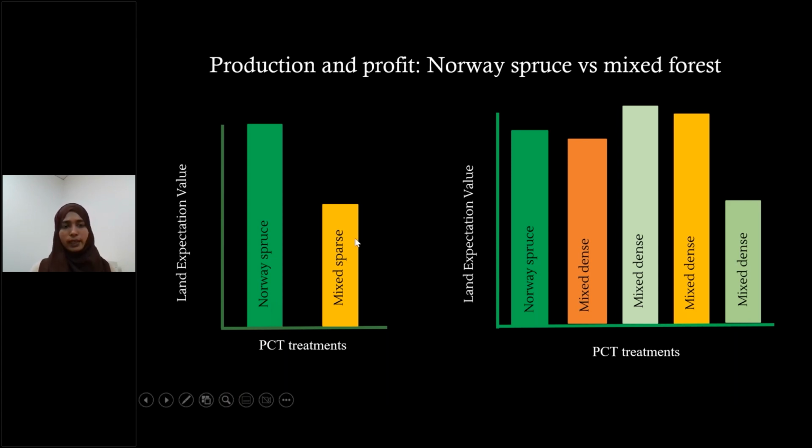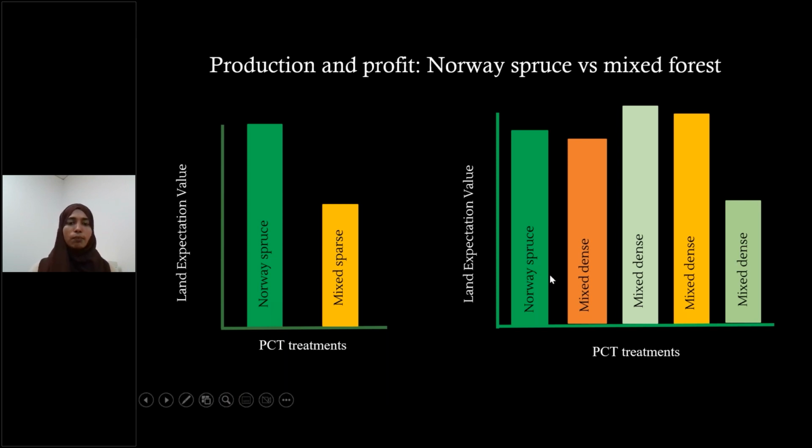So my guess here for the lower land expectation value could be the very low density of Norway spruce. Here, the 1000 Norway spruce gave more or less the same land expectation value as Norway spruce, but here there is only 500 Norway spruce per hectare.